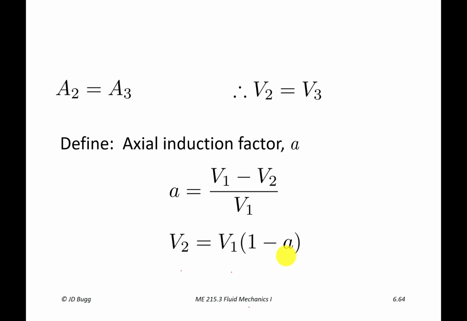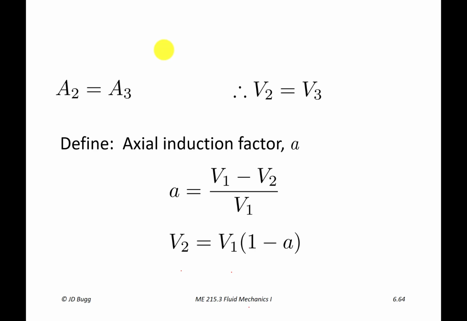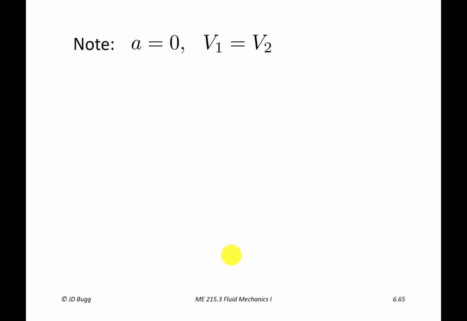Now let's just take a look at the limits of the axial induction factor. If the axial induction factor is 0, just going back to our equation here, it means V2 equals V1. Okay, so that's one limit. Axial induction factor of 0 means there's no change in velocity as the air approaches the wind turbine.